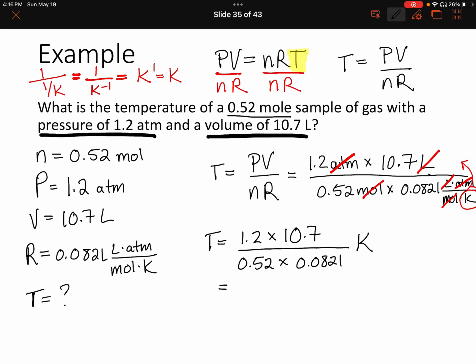All right, so when I plug this into my calculator, I get a value of 300.76 Kelvin. Now let's think about sig figs. How many sig figs should our answer have?